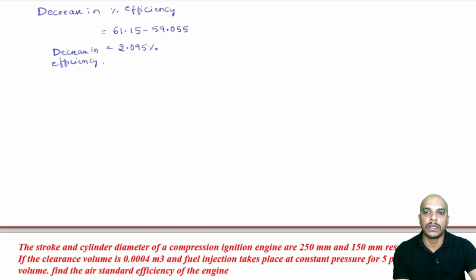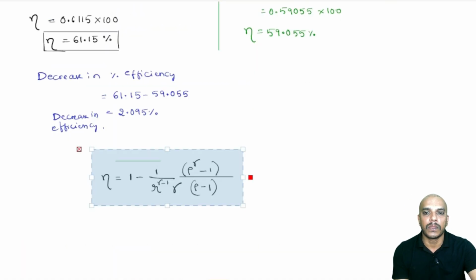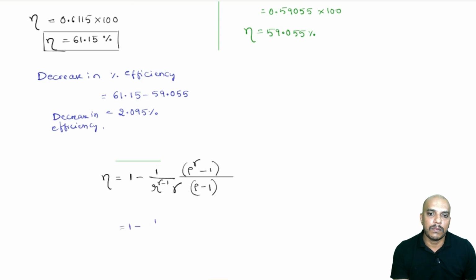We are having this term, 1 minus 1 by r power gamma minus 1 into gamma. Forget about this term for now. We have rho in the numerator and rho in the denominator. Let us assume that this term is a fixed value for now.